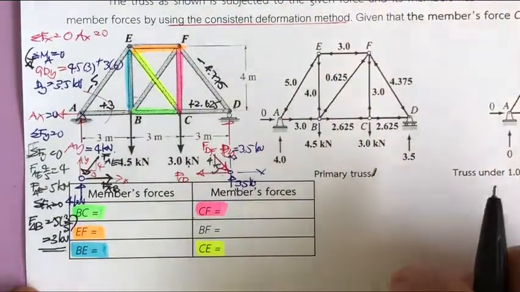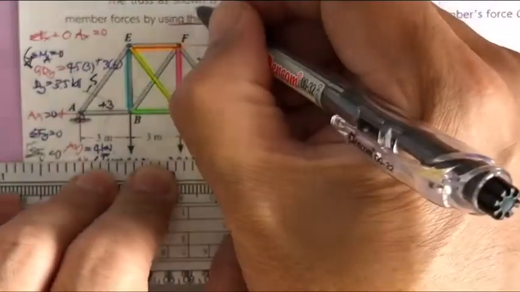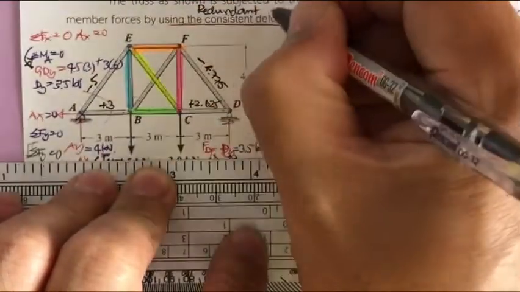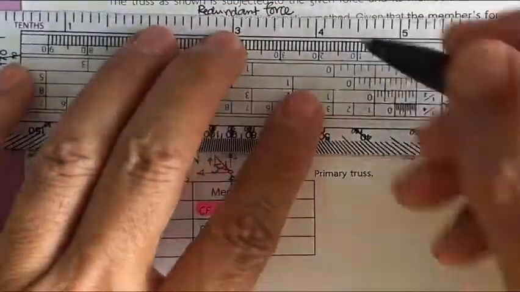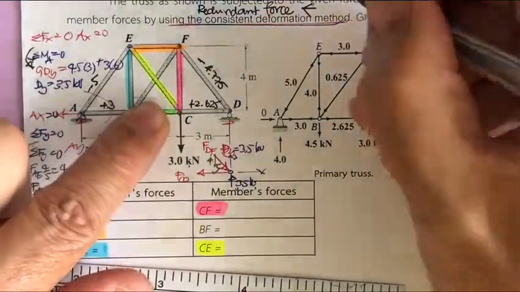It's going to be 1. So this method, we need require one redundant force, and this redundant force must be the force in the truss member.